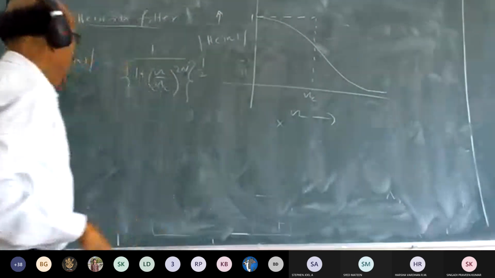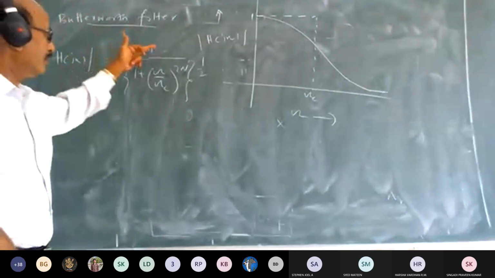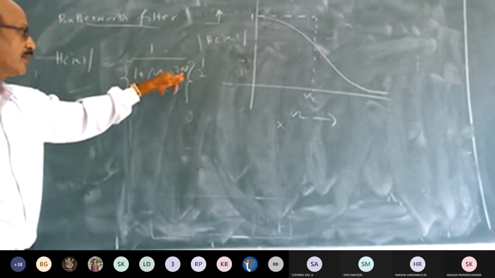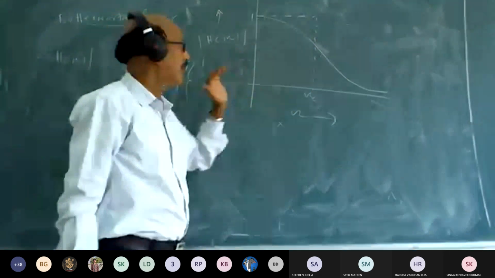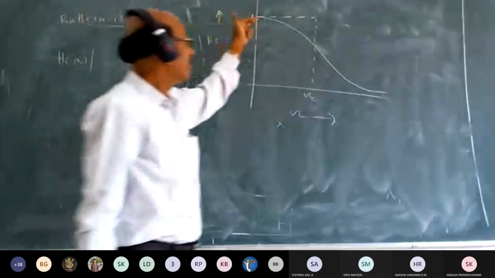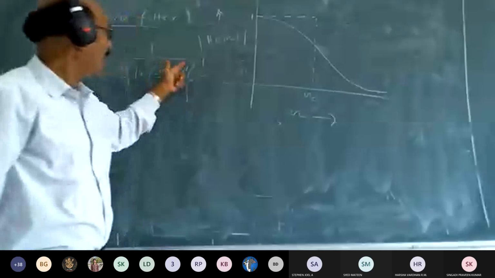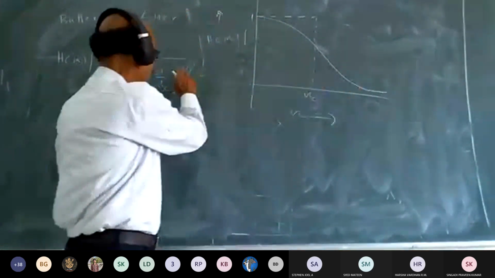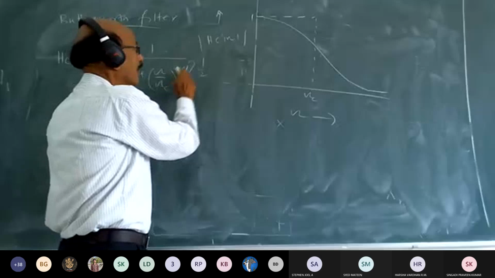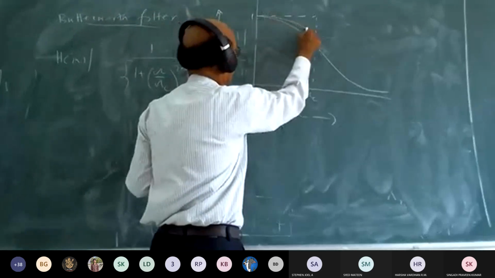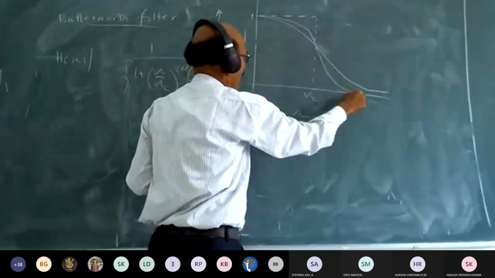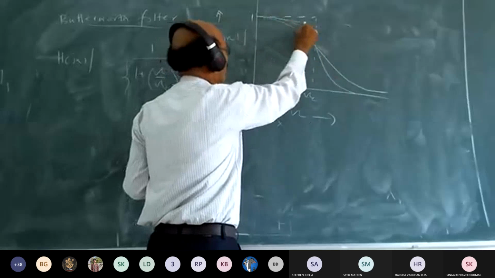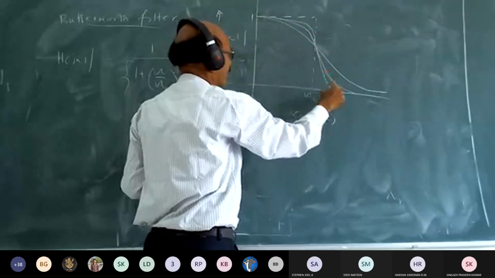Now H of j omega is equal to 1 by the square root of 1 plus (omega over omega c) to the power of 2n. That means for a particular order, a particular value of n, this is the characteristic. If I choose a different n value, I get a curve like this. Another n value, we get a curve like this.